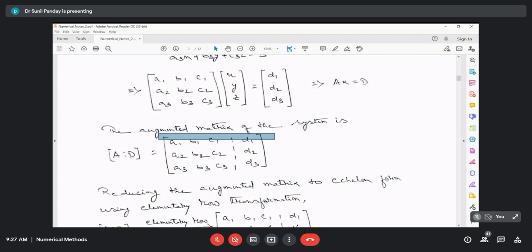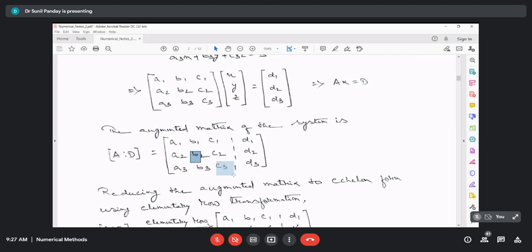Similarly, here you can also write A21 equals a2, A22 equals b2, A23 equals c2, and A24 equals d2. So we are representing the generalized entry of this matrix as Aij, where i ranges from 1 to 3 and j ranges from 1 to 4, and we know that these are the diagonal entries.